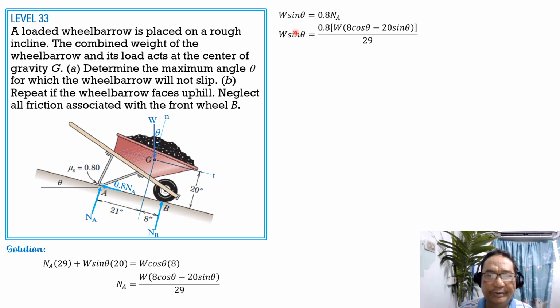Cancel out W, then simplify. 29 sine theta plus 0.8 times 20, that's 16, so 45 sine theta equals 6.4 cosine theta. So tangent theta equals 6.4 over 45. From here, we can solve theta equal to arctan of 6.4 over 45, or 8.094 degrees.